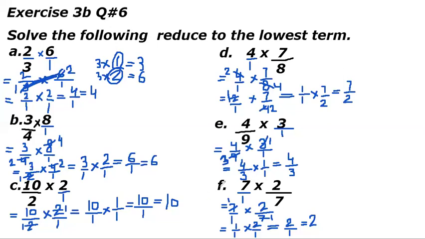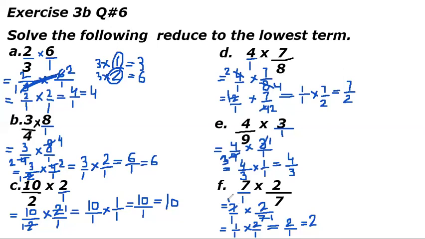The last part F is 7, a whole number, multiplied by 2 by 7. 2 by 7 is a fraction and 7 is a whole number. First, we have to change it into a fraction by putting 1 in the denominator. Next step is you will write 7 by 1 multiplied by 2 by 7.